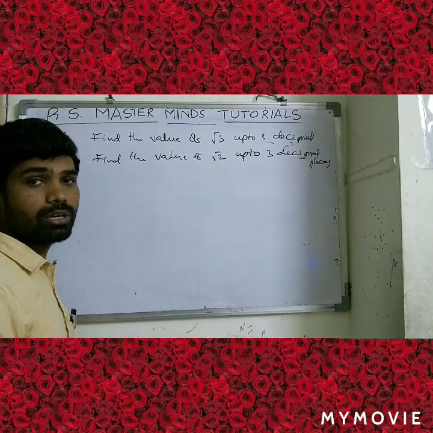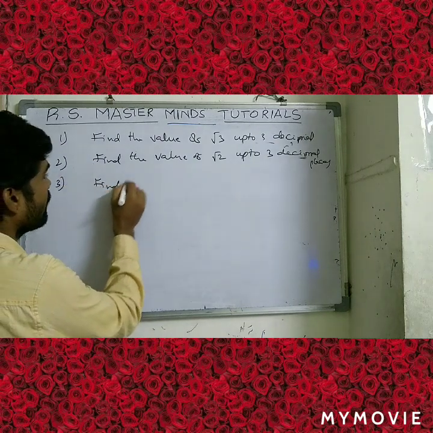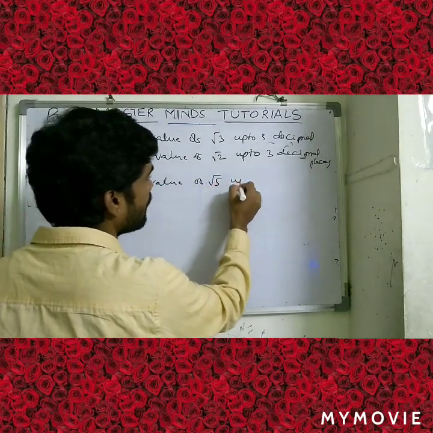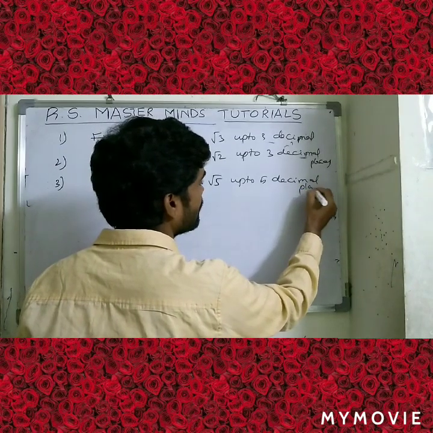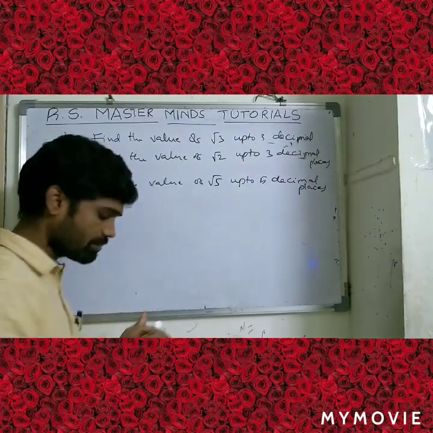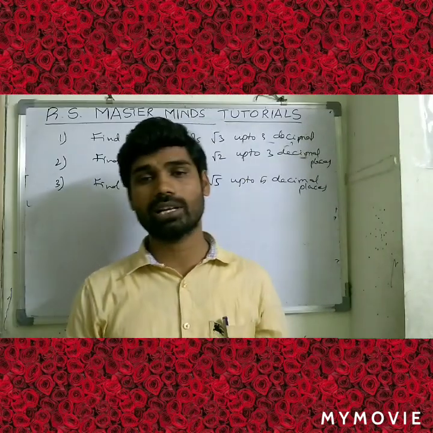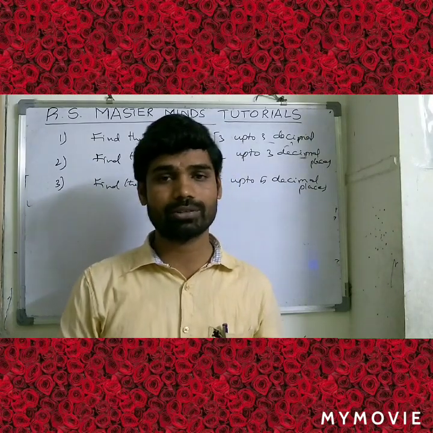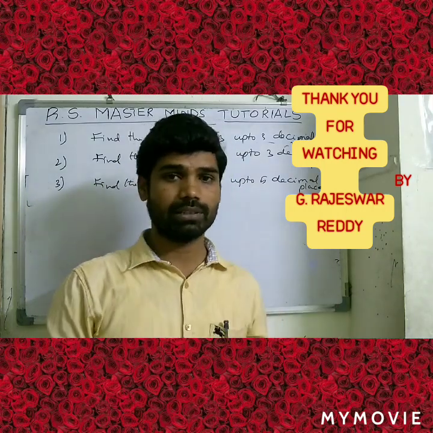Find the value of under root of 2 up to 3 decimal places, and one more: find the value of under root of 5 up to 5 decimal places. If you practice these 3 problems, then you will understand very well. Okay guys, I hope you have understood how to find the value of an irrational number with the division method. Like this we can find any kind of irrational number in this method.